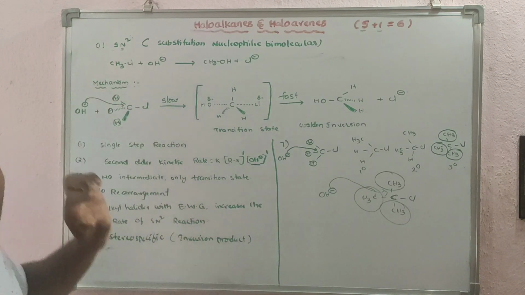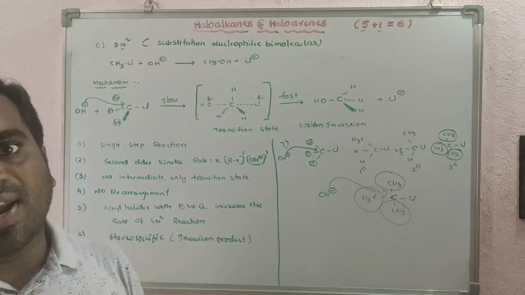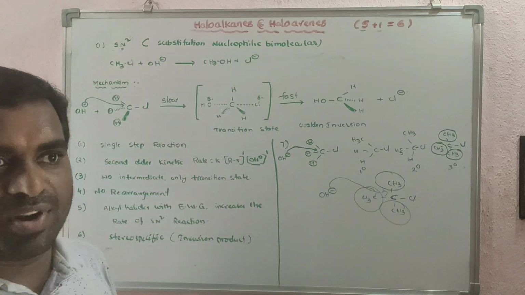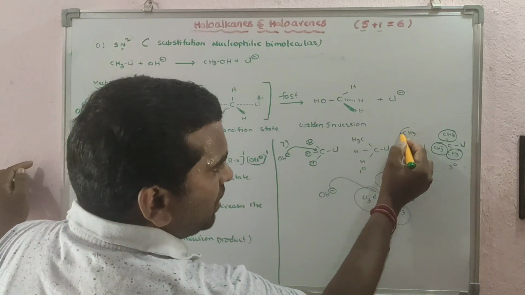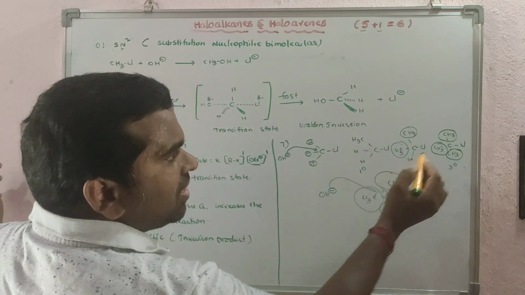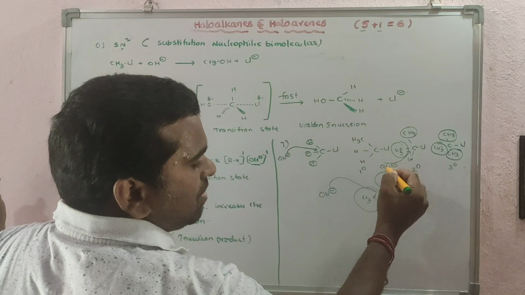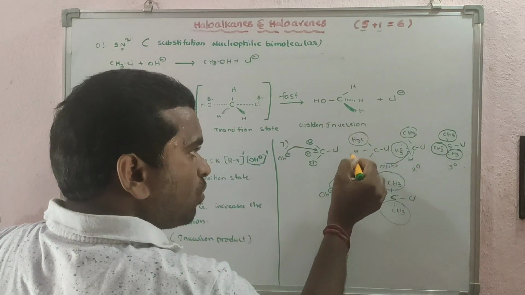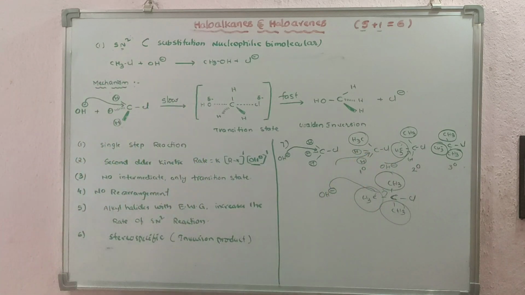It means that if the alkyl halide is very, very less hindered, the rate of reaction increases. The rate of reaction is very fast. If you take this one also, two bulkier groups are there. As compared to that, OH minus can attack here somewhat easily. But here two hydrogens are there, so attack can take place somewhat easily.